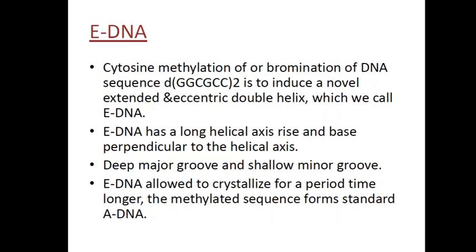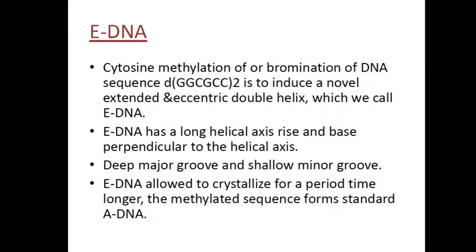As the name suggests, eDNA has a long helical axis rise and bases perpendicular to the helical axis. It has deep major grooves and shallow minor grooves. eDNA is allowed to crystallize for a comparatively longer period of time.